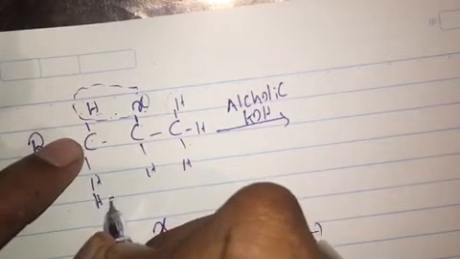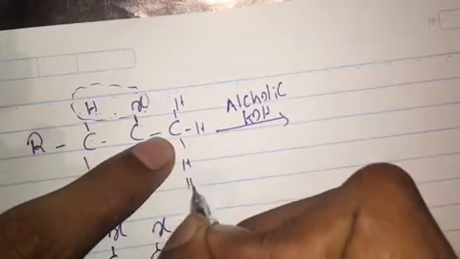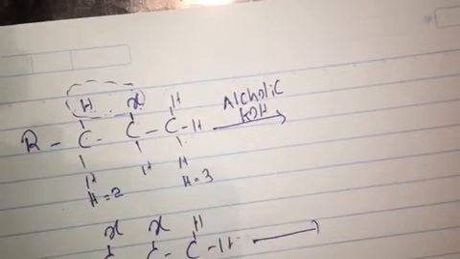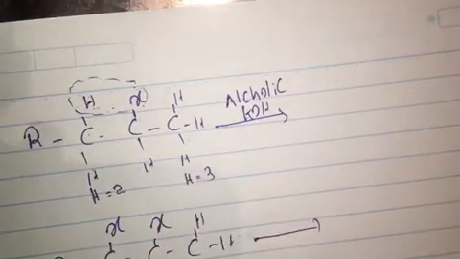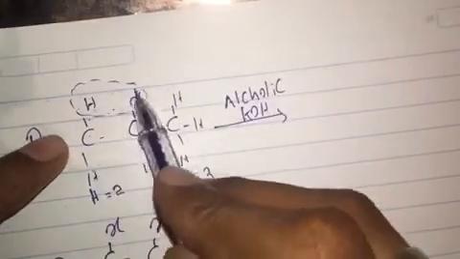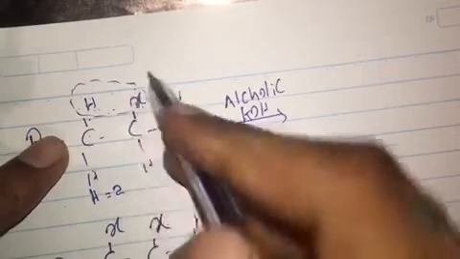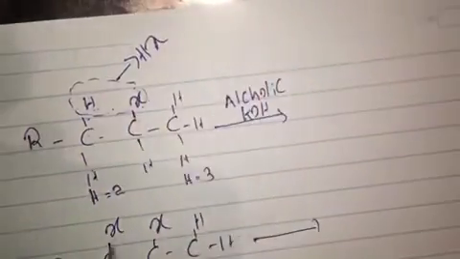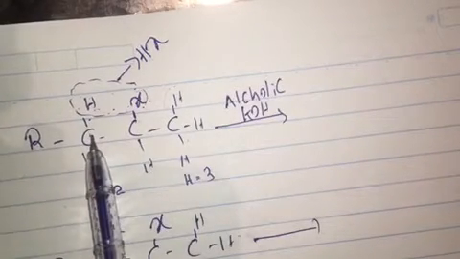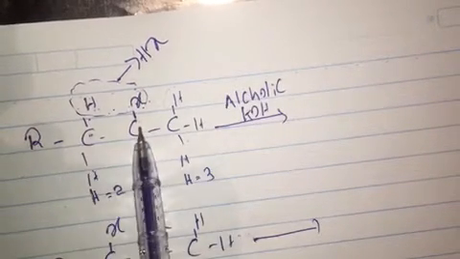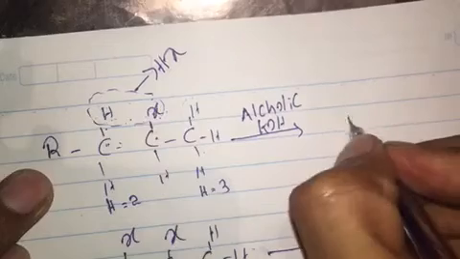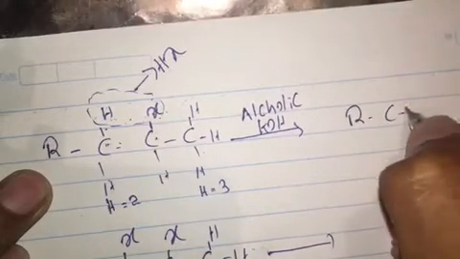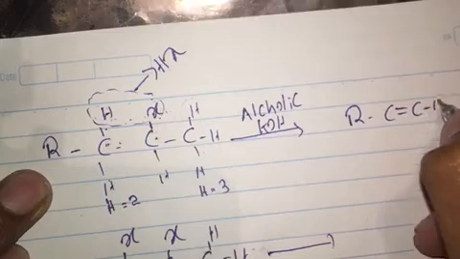According to the Saytzeff rule, hydrogen is released from the carbon with the lowest number of hydrogens. Therefore, this hydrogen is released with this halogen group as HX. This carbon loses one bond, this carbon loses one bond. Therefore, a new bond forms between these two carbons, forming an alkene.